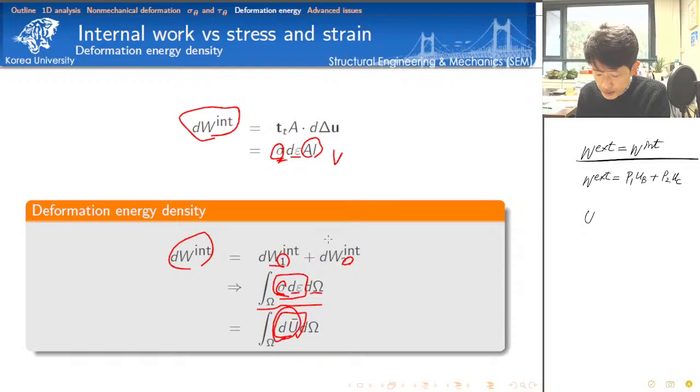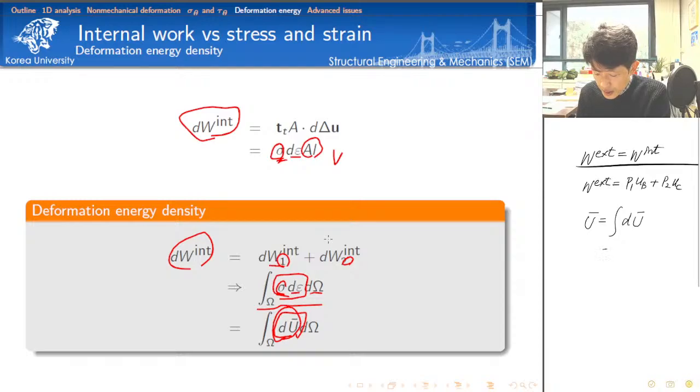Make sure the deformation energy density is the integration of small deformation energy density. By definition, this is the work done by the stress over the strain, from 0 to the current strain. So make sure that stress is equal to elastic modulus times strain. And this is equal to what? A half of elastic modulus times strain square.